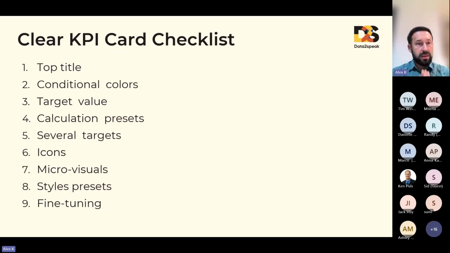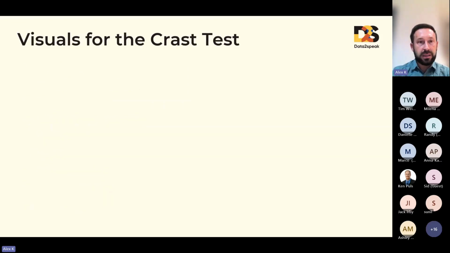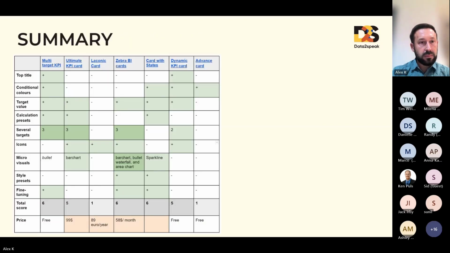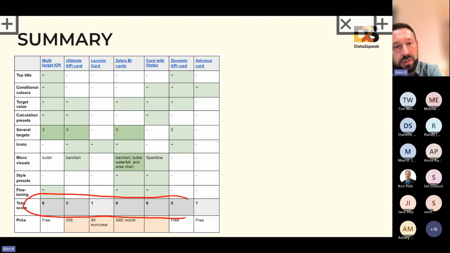So that's my checklist. And finally, there is no perfect visual which meets all these criteria. And what I finally got, so a maximum we have 6 points for each card, and some of them are paid and some of them are free.